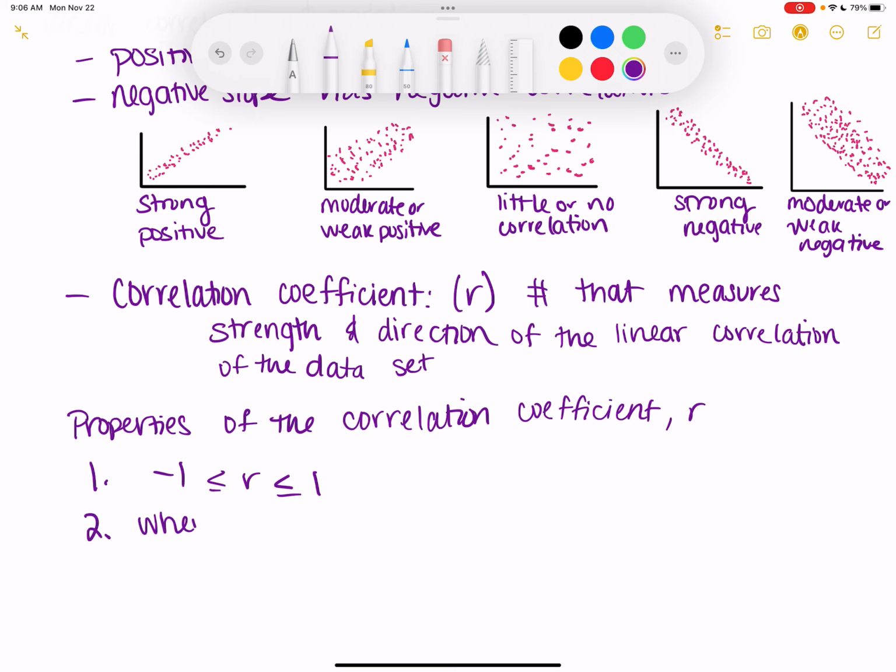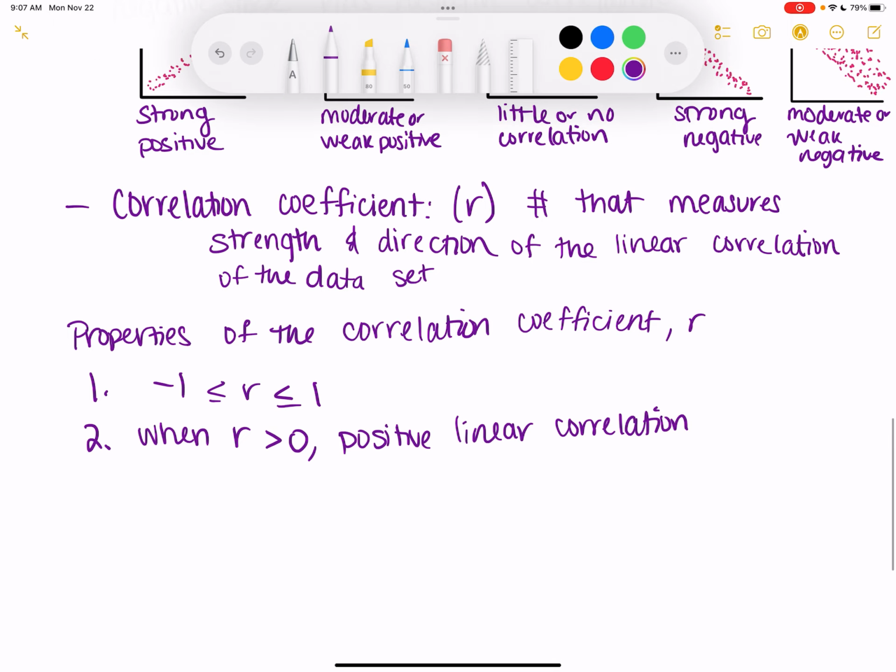When r is greater than 0, it has a positive linear correlation. When r is less than 0, it has a negative linear correlation.